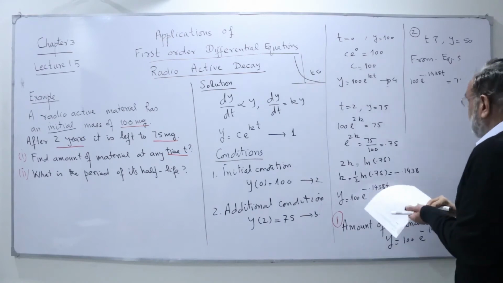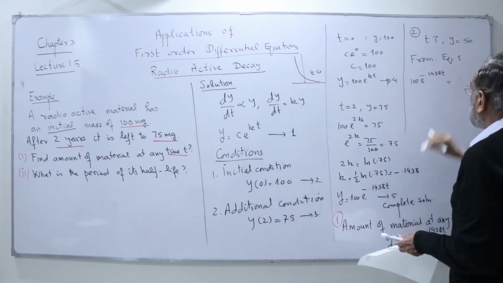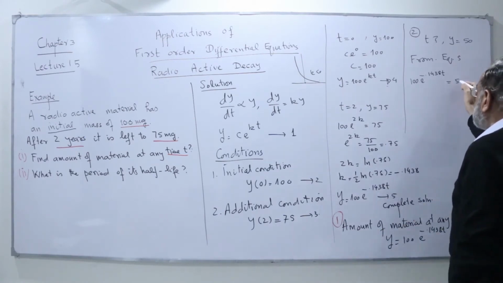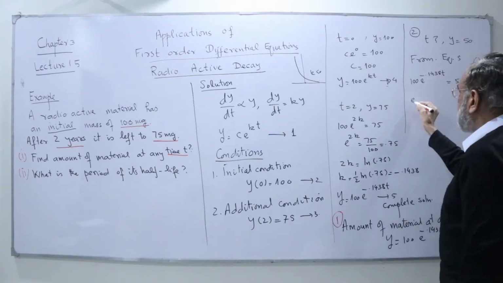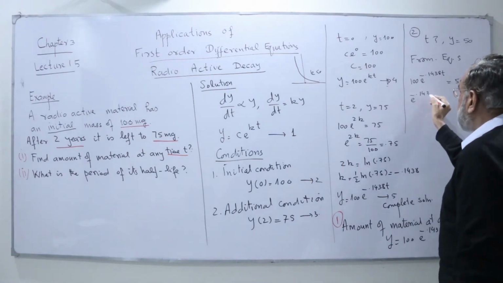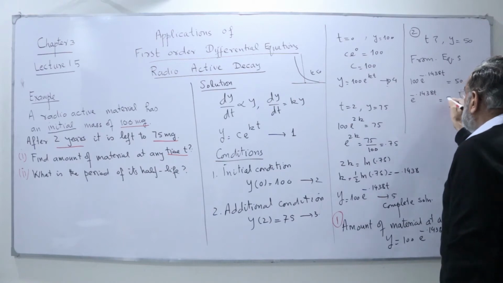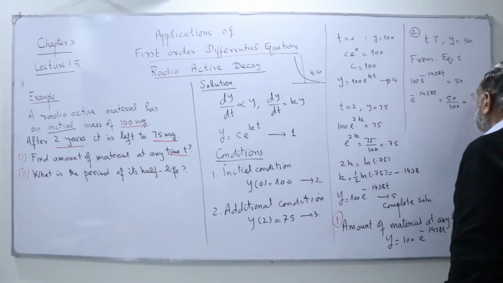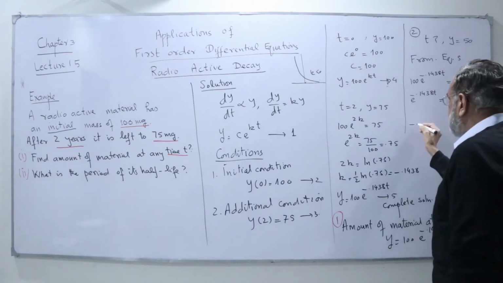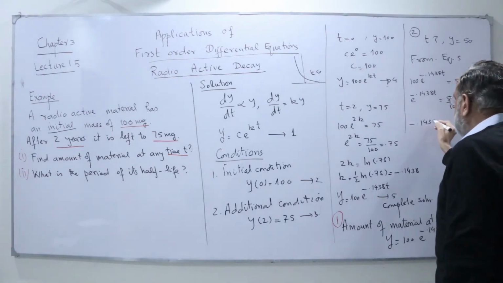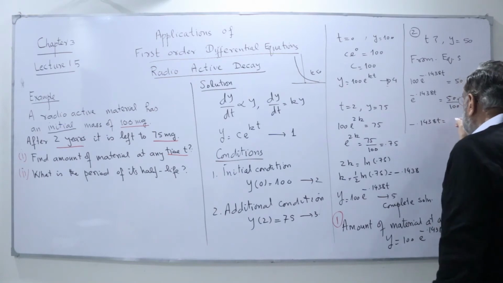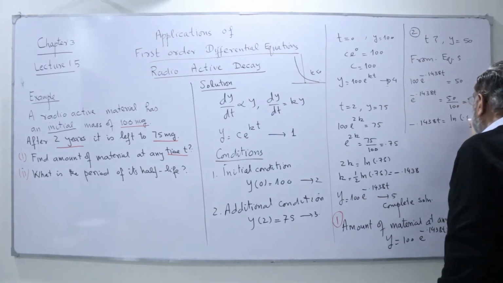We want to find t, as y is given to us. So we simplify this one: e^(-0.1438t) = 50/100 = 0.50. We take ln of both sides, and we get -0.1438t = ln 0.5.